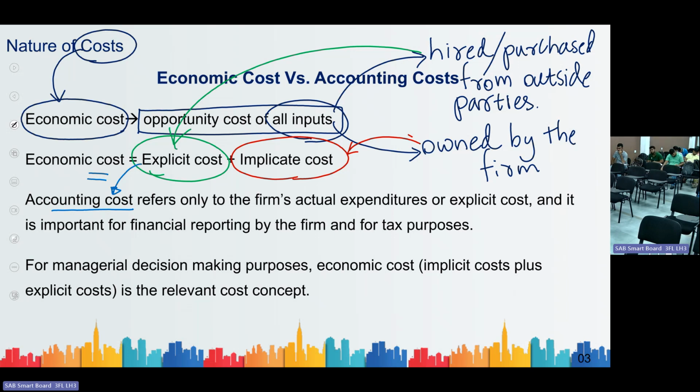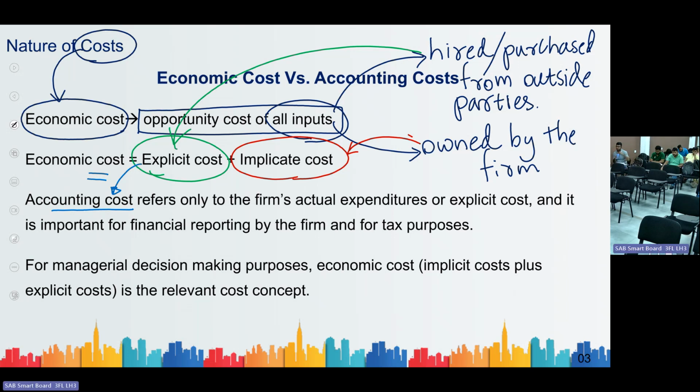Implicit cost is not a part of actual cost. Firms do not have to incur them in actual monetary terms. They don't have to actually pay for them. There won't be any cash payment, any payment through checks, for owned resources. If it is owned by the firm, then there won't be any payment to another party.